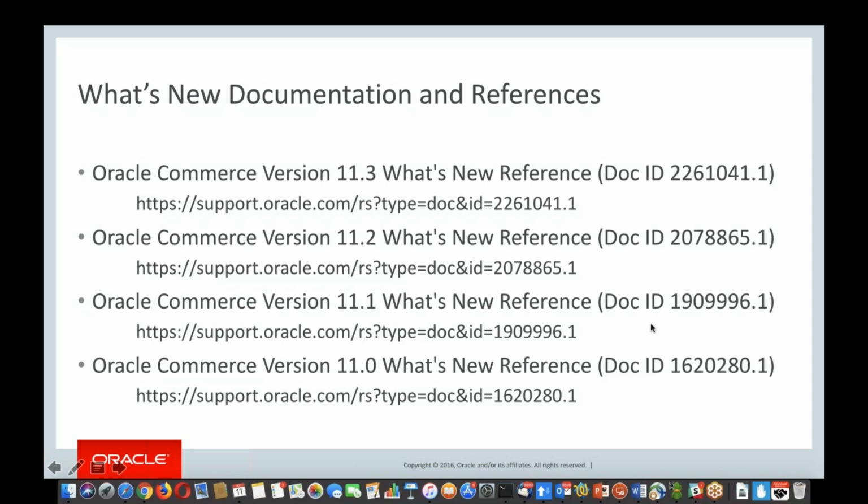The next question is, has 11.3 totally got rid of Flex UI? We're moving away from it. I think Gary kind of touched on that question at the PipelinePros presentation. 11.3 is still using it, but we're starting to move away from it.